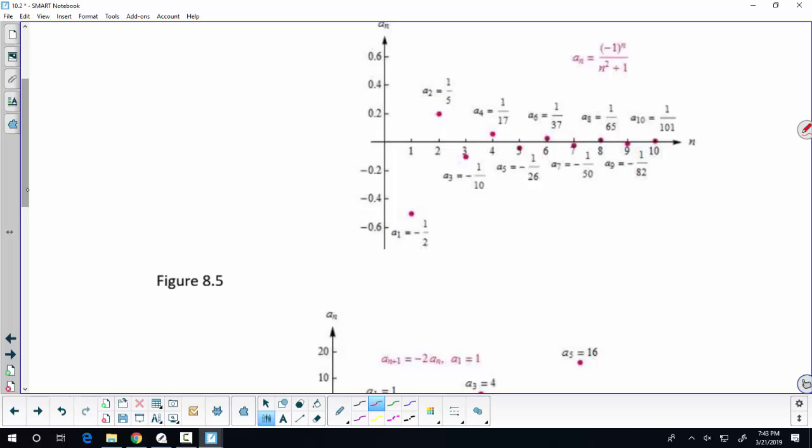All right, here's one defined as negative 1 to the n over n squared plus 1. What happens when we have the negative 1 to the n? The sign alternates. So the first term is down here, negative, then it's positive, then it's negative, then it's positive. Does that appear to converge? To 0.